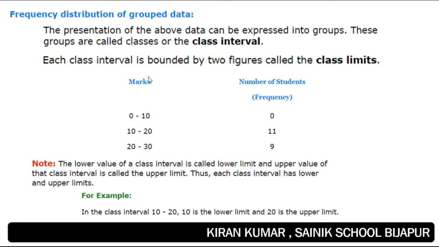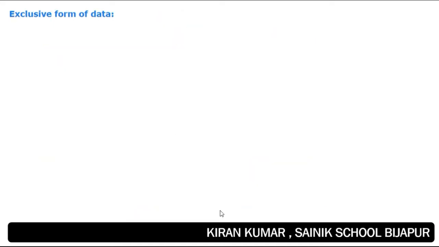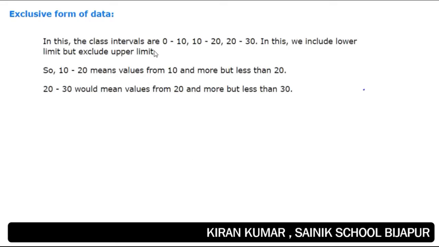Remember, in class 9, we also had this type of grouped frequency distribution table, and we had defined inclusive type and exclusive type. So what is this inclusive and exclusive type? Let me take up the exclusive form of data. In this, the class intervals are 0 to 10, 10 to 20, 20 to 30, and so on.